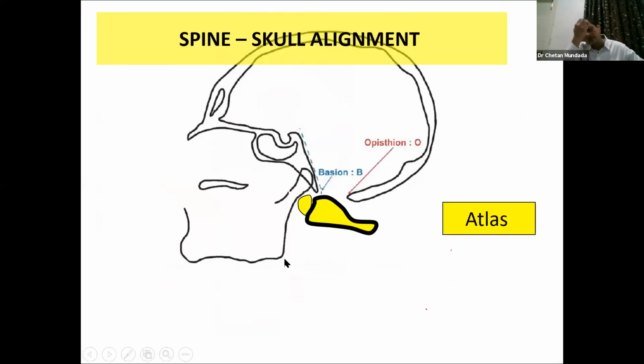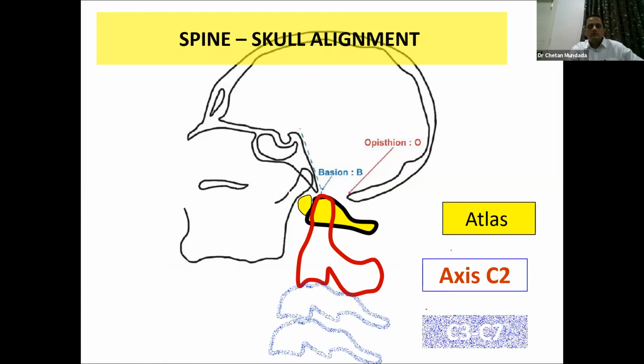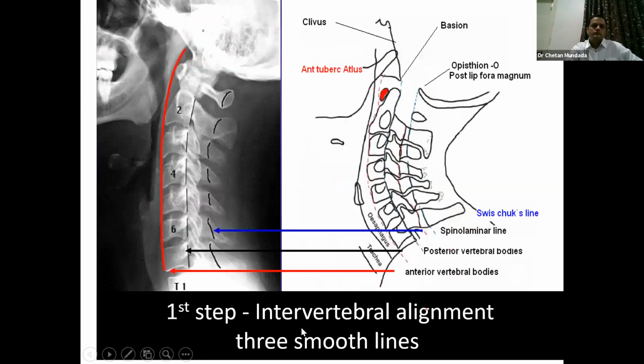So when we talk about spine and skull alignment, we have certain angles, and we ensure that. So this is the basion, this is the opisthion, and this is the atlas and then axis, and then C3, C4, and C7. Whenever we want to see the intervertebral alignment, we have to have 3 smooth lines.